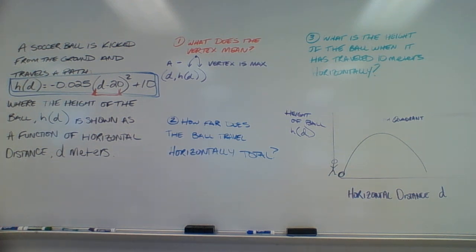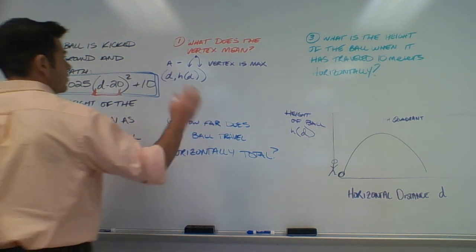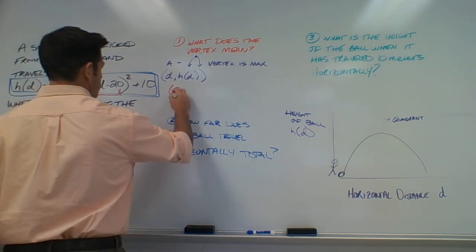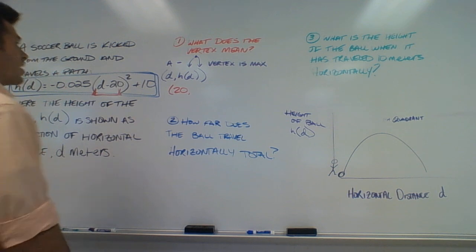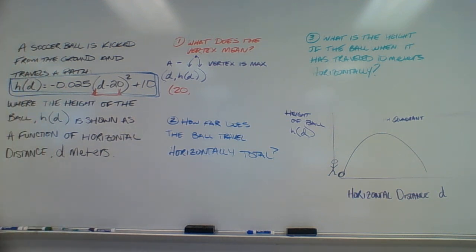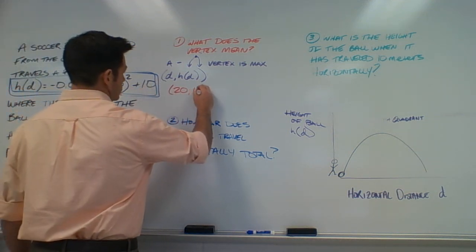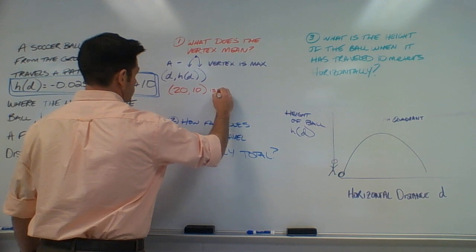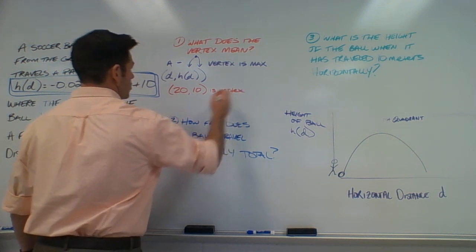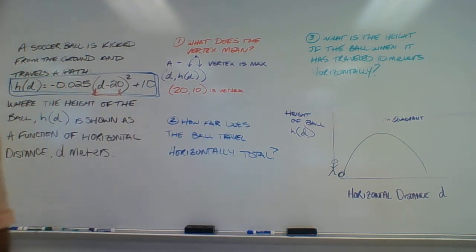We have d minus 20, which means for the vertex, h would be 20, and my k value for the vertex here would be the number 10.